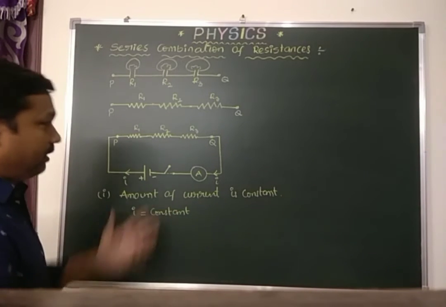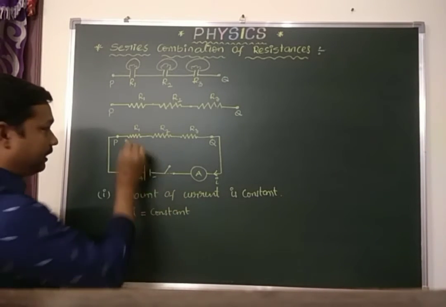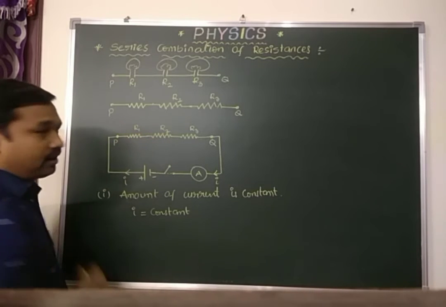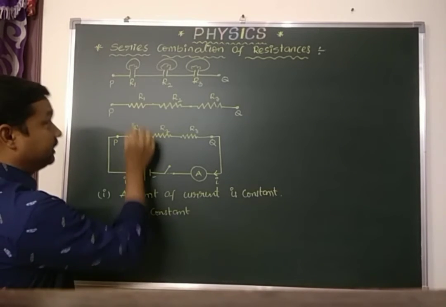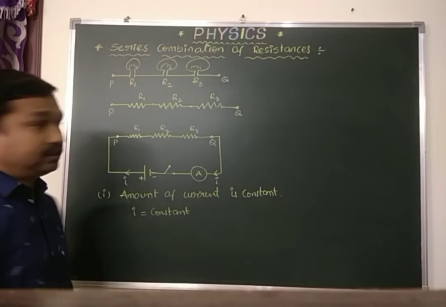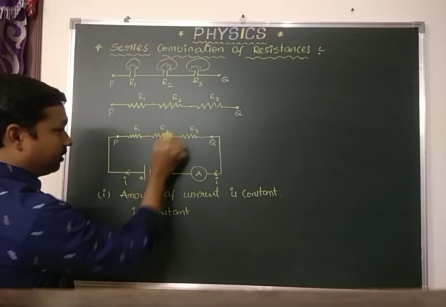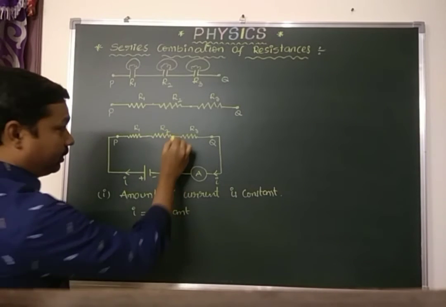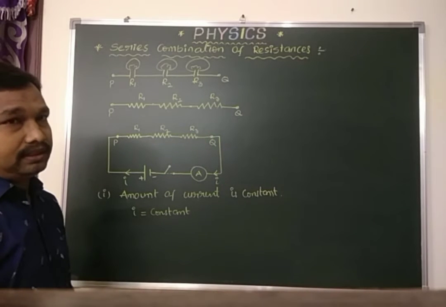Okay, and what is the potential difference across the resistance R1? Why? Because it is drawing some amount of current. What is the potential drop across the resistance R2? What is the potential drop across the resistance R3?